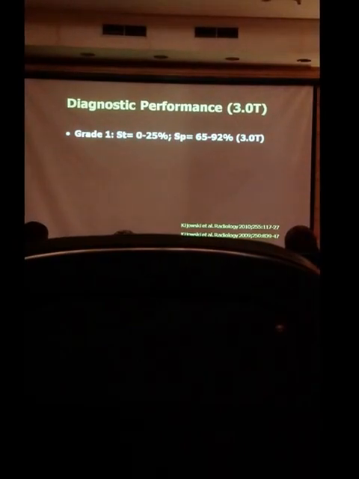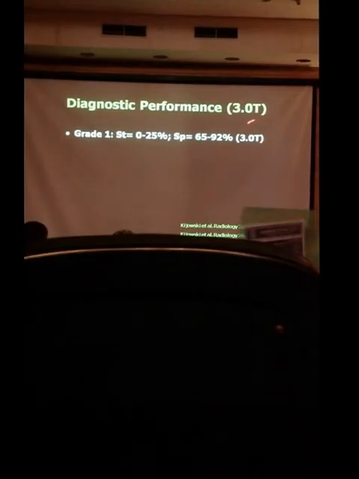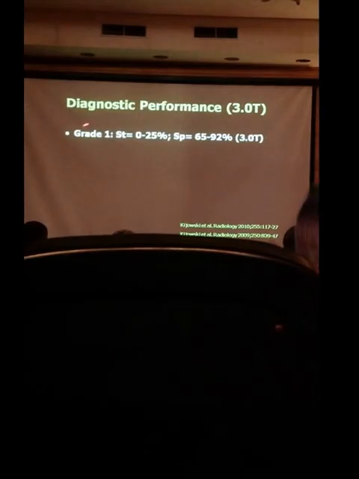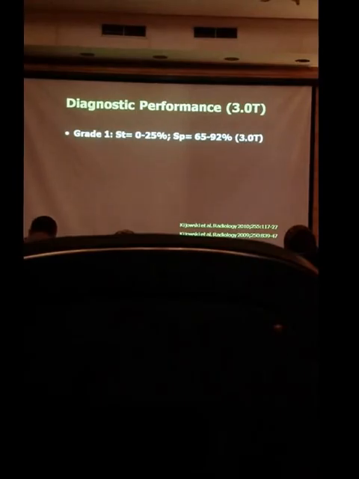So what about the diagnostic performance of MRI when assessing cartilage morphology? I'm talking about assessment at 3 Tesla, to show you that we are really bad at detecting grade 1 chondromalacia. We're not good at all. Sensitivities reported in the literature go up to only 25%, and this is very bad.